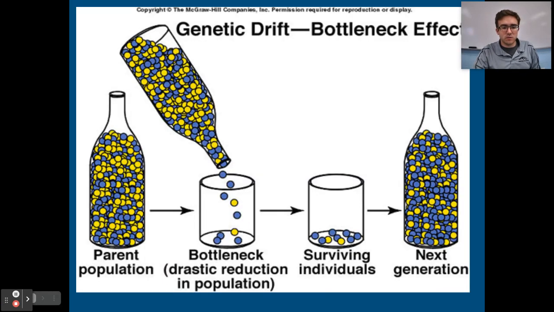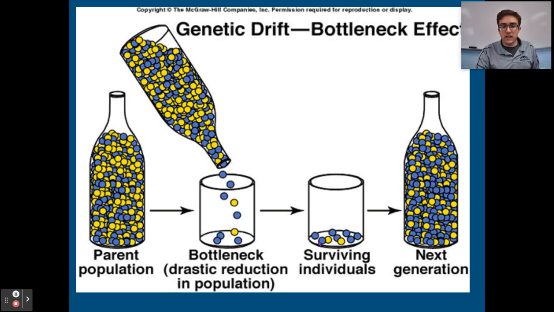This is what the bottleneck effect looks like. In the original population, the parent population, we would say there's an even number of blue and yellow beads. You may even say there's more yellow beads than blue beads. Well, through some random event that reduced the whole population, we're only left with a few individuals.